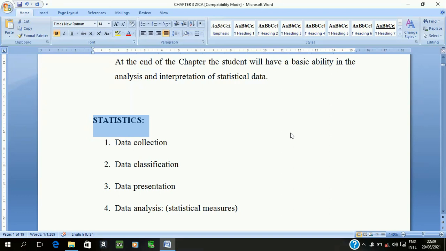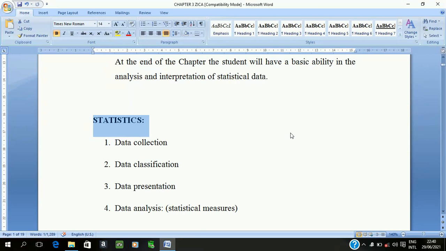Statistics can be categorized or classified into 4 parts. The first part deals with data collection. The second part deals with data classification. The third part deals with data presentation. And the last part, which of course is the biggest part of statistics, deals with data analysis. Under data analysis, we have statistical measures.